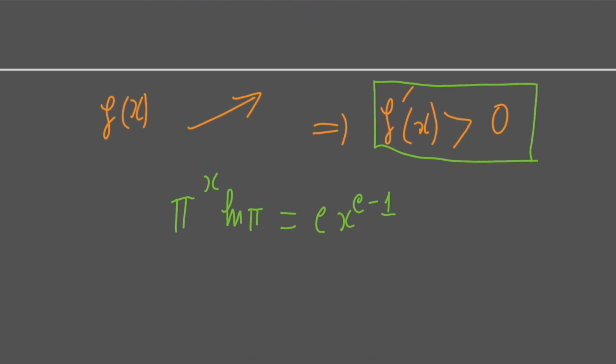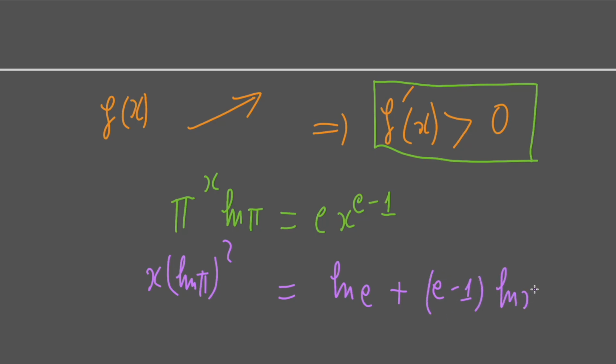Then we take the logarithm of both sides of this equation. You will have x multiplied by ln pi equal to ln e plus (e minus 1) ln x.